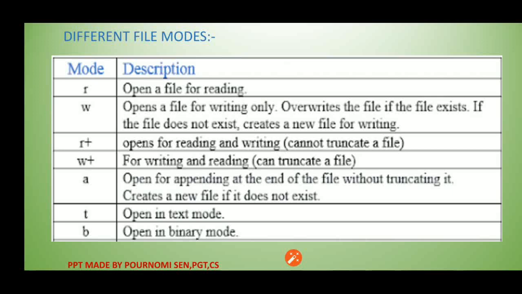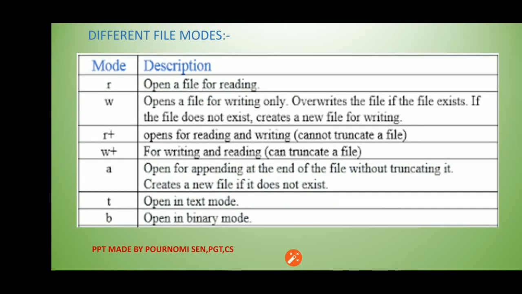That means if you want to keep the old data and add something in the file, you will use file mode A. T, open in text mode. B, open in binary mode. So these are the different file modes that mostly we are going to use. This is a very important portion, and you may expect a theory question from this particular topic, that is, different types of file modes.